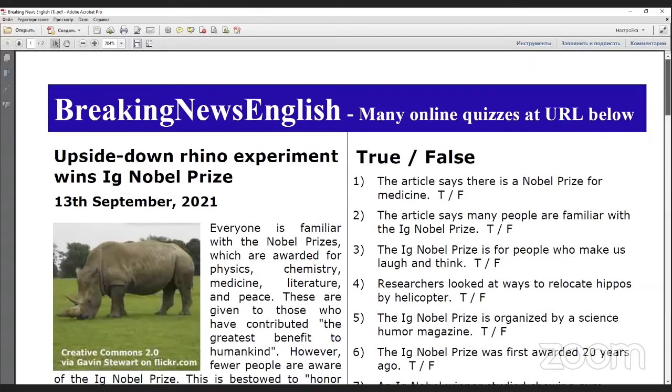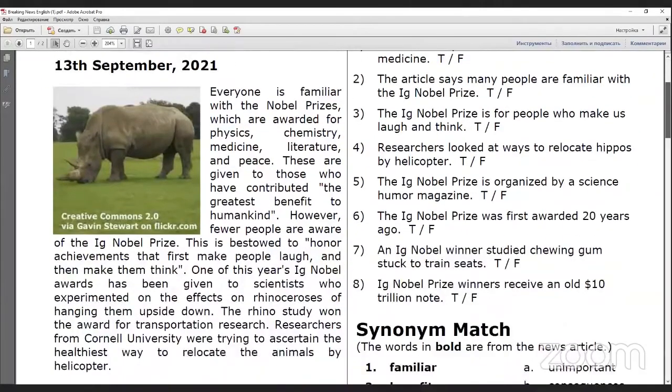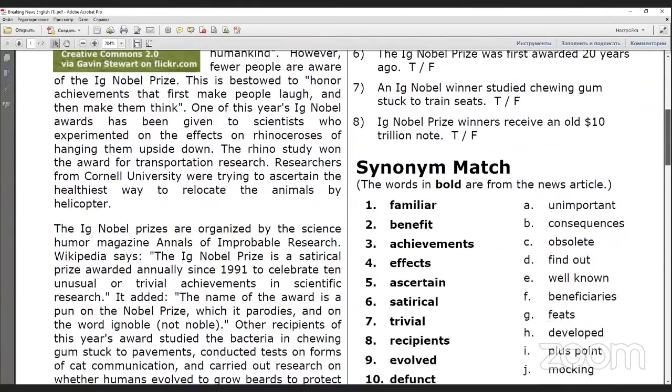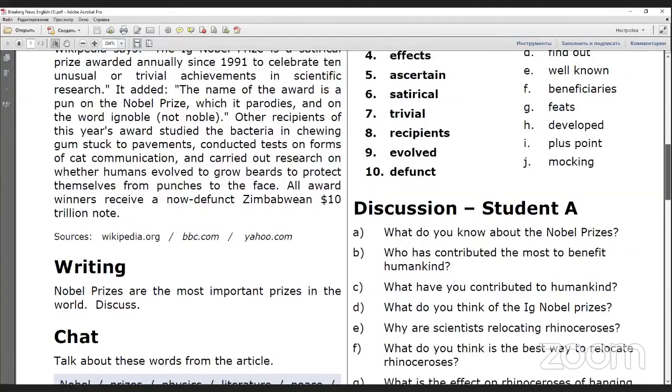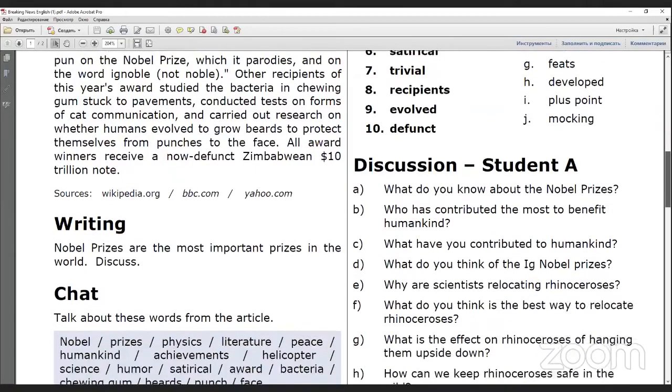So you can see it's not only the picture here, it's got activities. It has got already true false activities. Synonym match. It has got discussion, where you can give this part for students to pair. They can be on pair and ask questions.